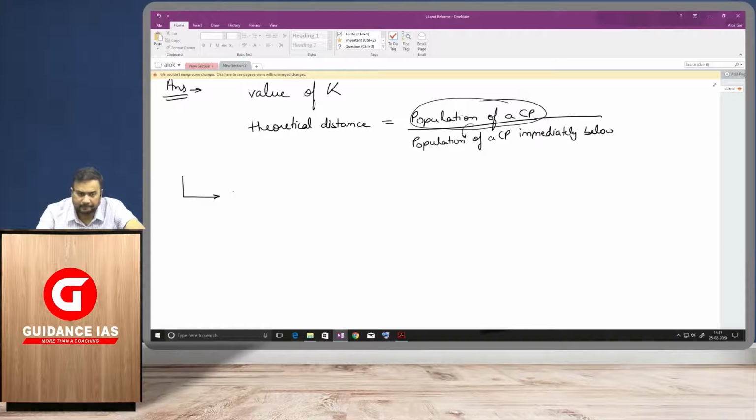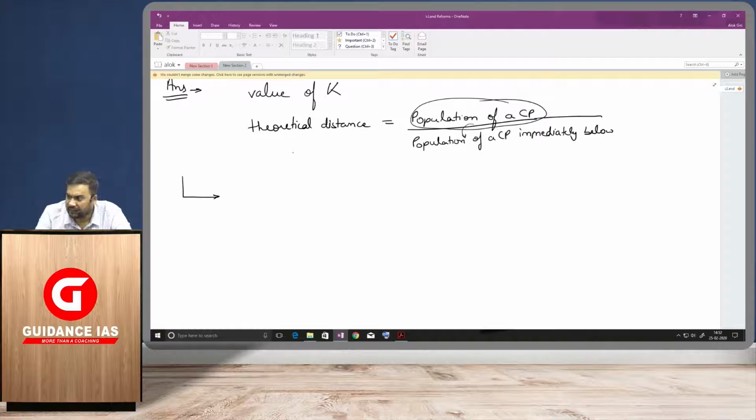Change the paragraph. When the marketing principle is applied, taking into account the census classification of settlements in India, it is found that the theory is largely inapplicable in terms of values of K. Write in brackets, which should ideally be 3.